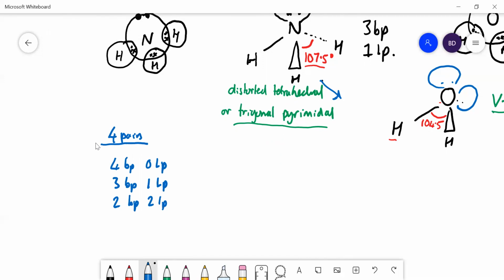The shape, the bond angle, and an example molecule. So the shape for this one is tetrahedral.